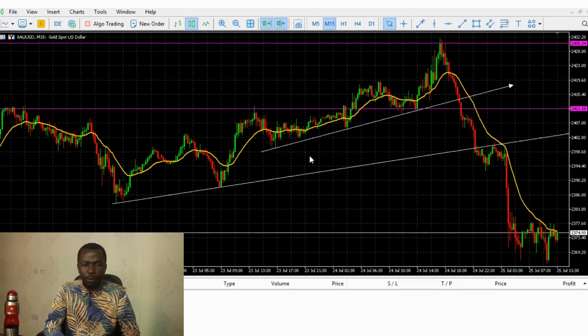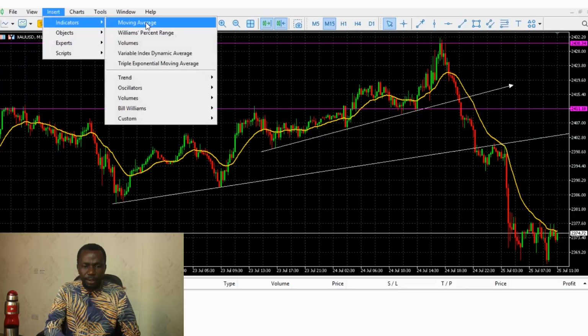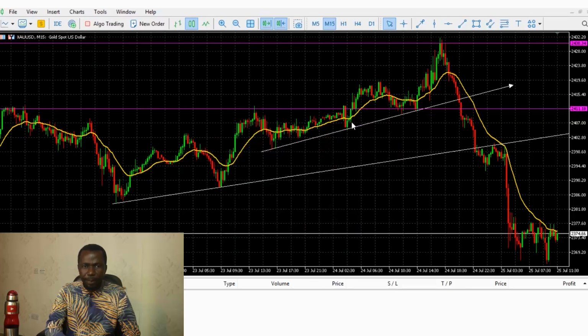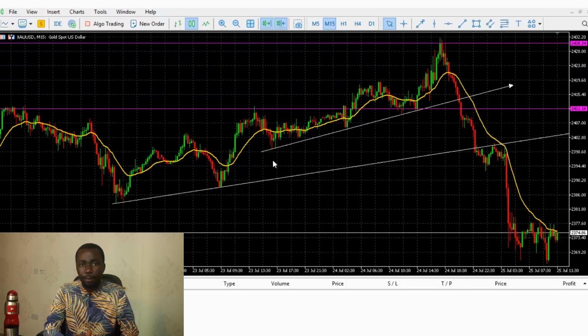To plot it out, you simply go to indicator, this is the moving average, click on it, and then in the settings, the parameter, you set it to 50 period, exponential moving average, and then you change the color. That is it. Since I've already plotted the moving average, you can see this yellow line is the moving average. This is the 20 exponential moving average. I use one moving average for my trading strategy. I use the moving average as a guide, to tell me the direction that the market is going.